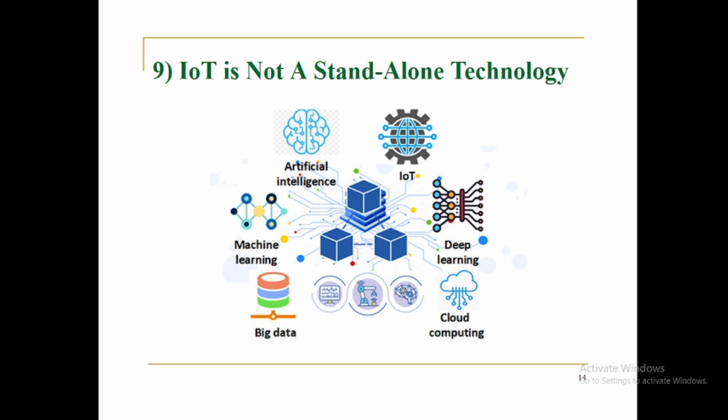So we use AI to analyze it and come up with intelligent decisions. Using AI, we can improve the efficiency of the system. Then we can use cloud to store that large amount of data.